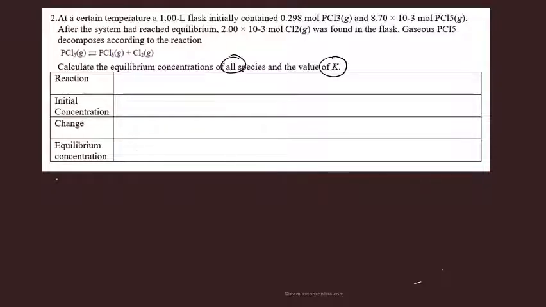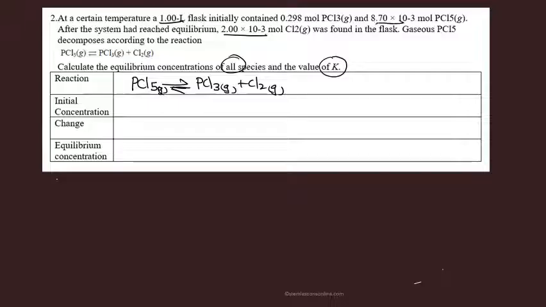So the first step is we have to write the reaction. So we just copy the reaction given. PCl5, that is gaseous phase, gives PCl3 gaseous phase plus chlorine gaseous phase. And then we have to write the initial concentration given. It is given as a 1 liter flask and the moles given.